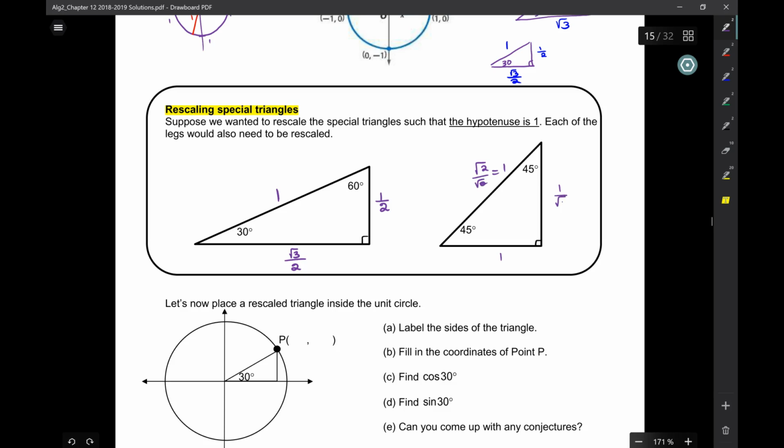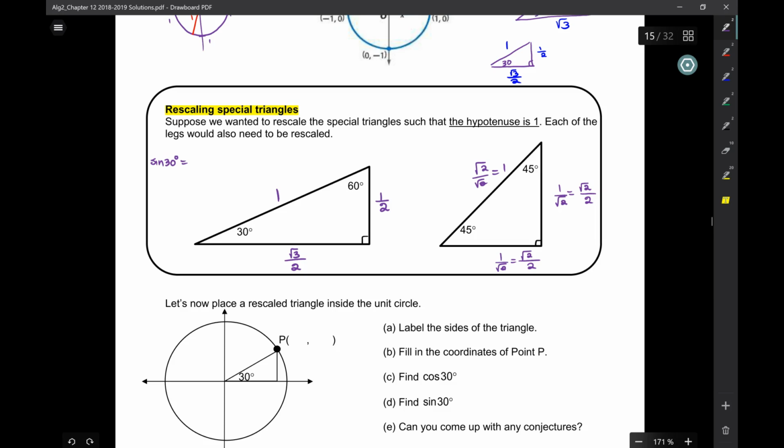So I divide this by √2, and I divide this by √2. So how much will they be? √2/2, √2/2. So now, let me ask you this. Look at this 30-degree angle. Okay? Now I want to find the sine of 30 degrees, right? Sine of 30 degrees.